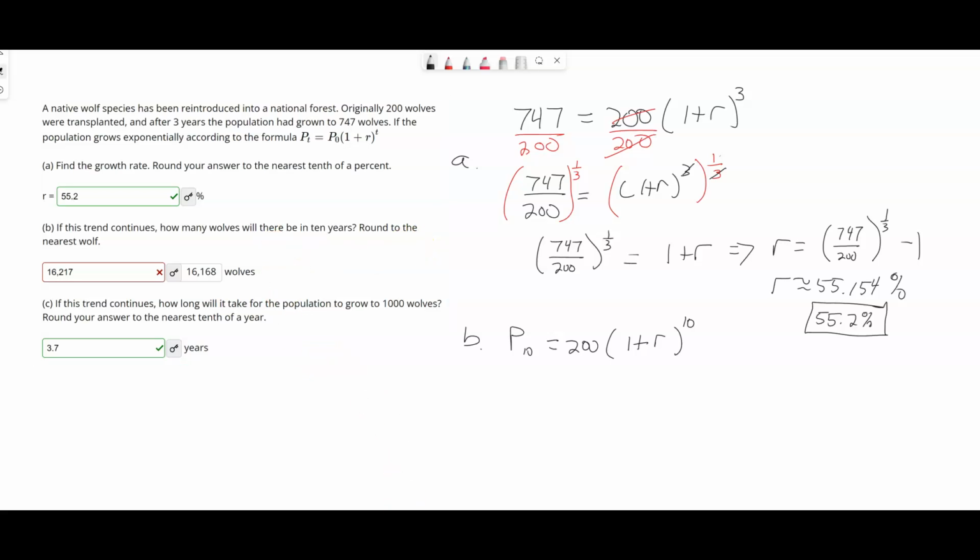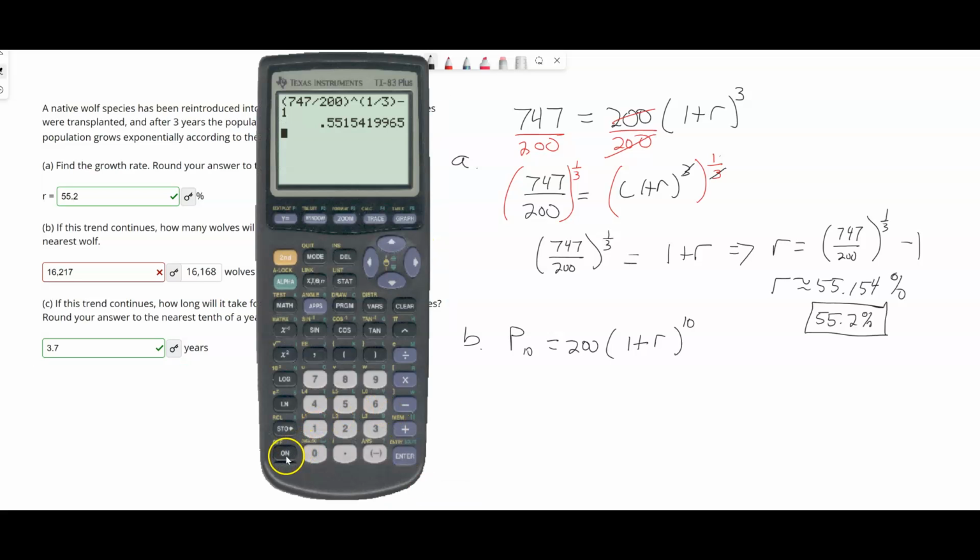Here's where we find the power of rounding. So I have this value. This is the actual value for r, not the rounded value. I'm going to store this in my variable x on the calculator.